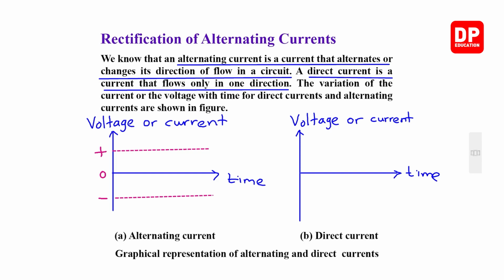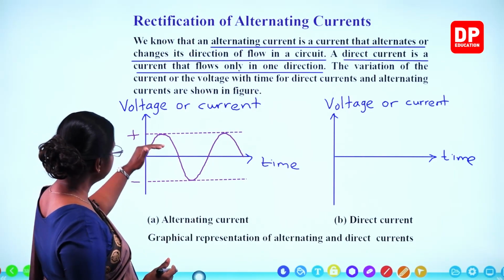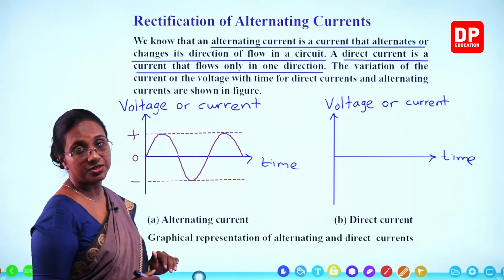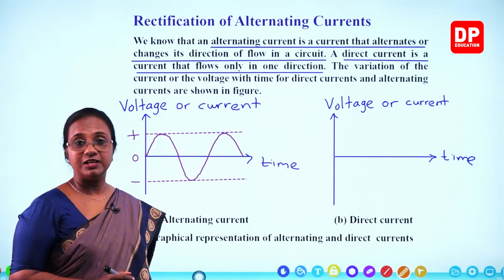If we look at the variation in potential, it is going to be something like that. Here you can see it is positive potential. Here it is negative potential, again there it is a positive potential. So, the potential or the current will vary with time. You will get the positive and the negative potentials, or the current in the positive direction and the negative direction.